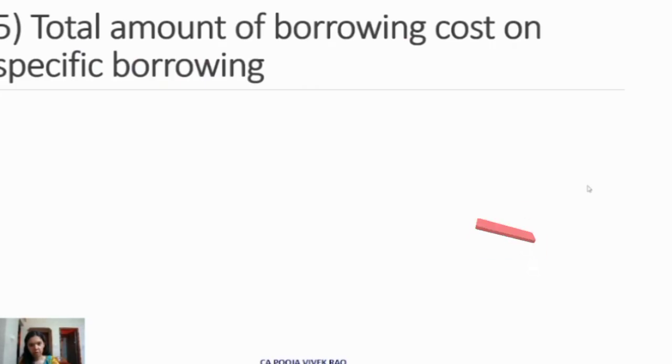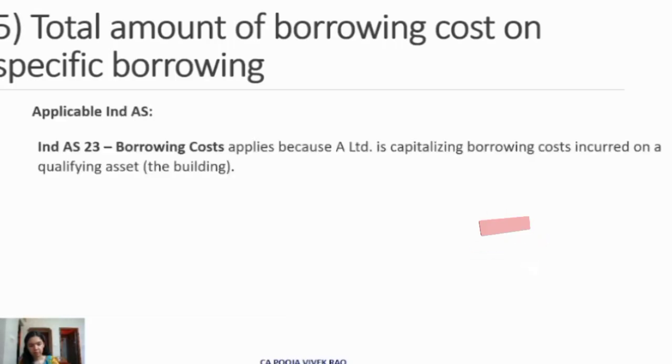So the total amount of borrowing cost on specific borrowing is computed as follows. Here again Ind AS 23, that is borrowing cost, is applicable because A Limited is capitalizing borrowing cost incurred on a qualifying asset, that is the building. First we'll have to identify the few details given in the question.